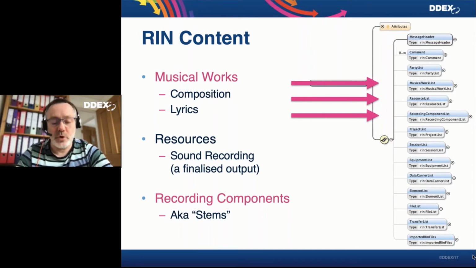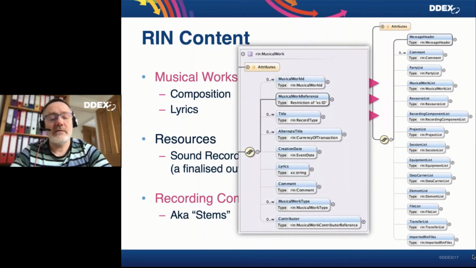Looking at the musical work itself, again, it's a fairly simple composite in this case. You have an identifier, you have a title, you have potentially alternative titles, which can be translations, but it can also be first line of text and those kind of things that if you want to provide that, you can. When was it created? You can provide the lyrics if you want to.